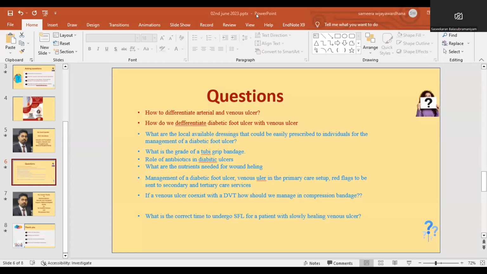The next question is, what is the correct time to undergo SFL for a patient with a slowly healing venous ulcer? The evidence says venous intervention heals the ulcer quickly as well as prevents the recurrence. But again, SFL, I'm not sure.